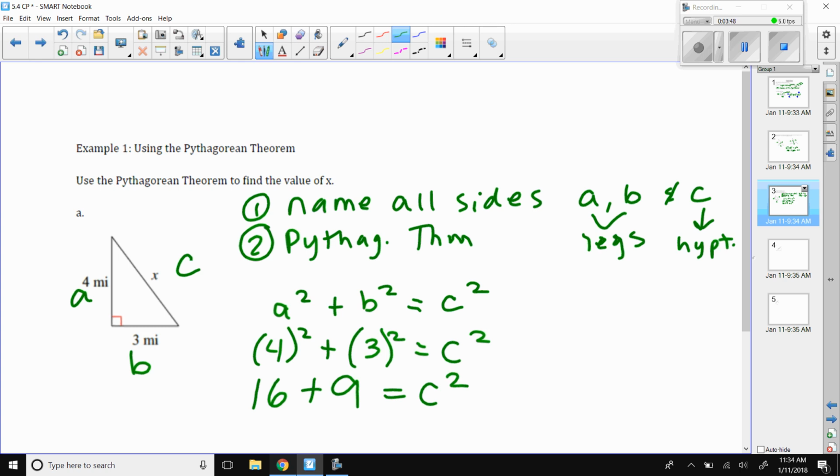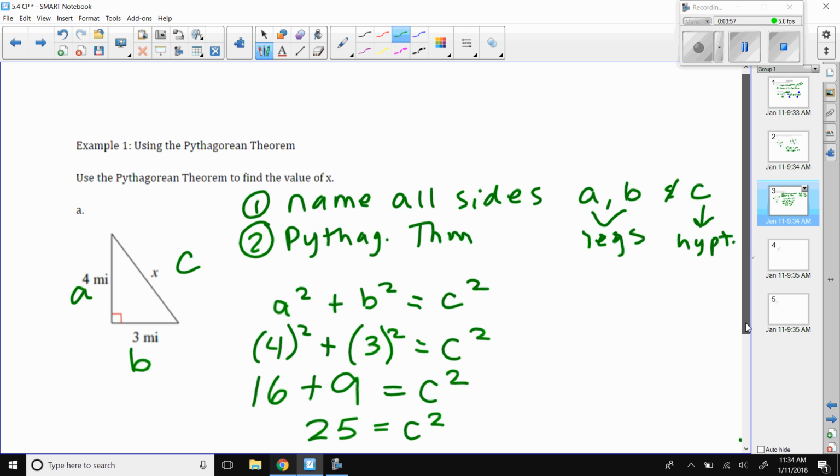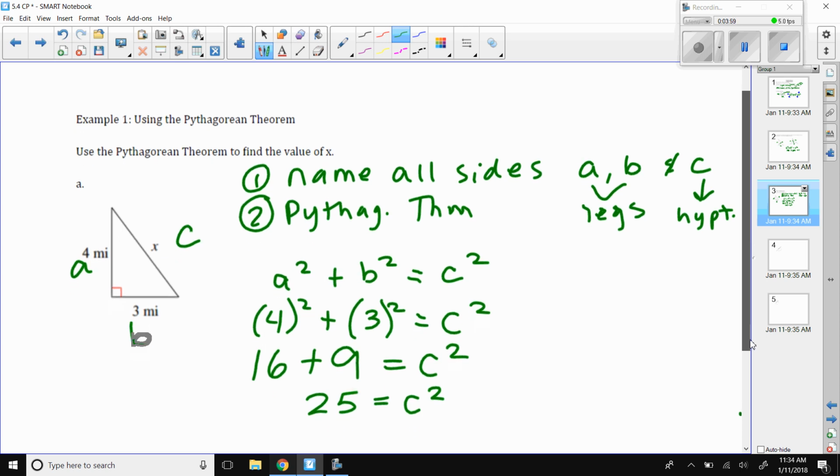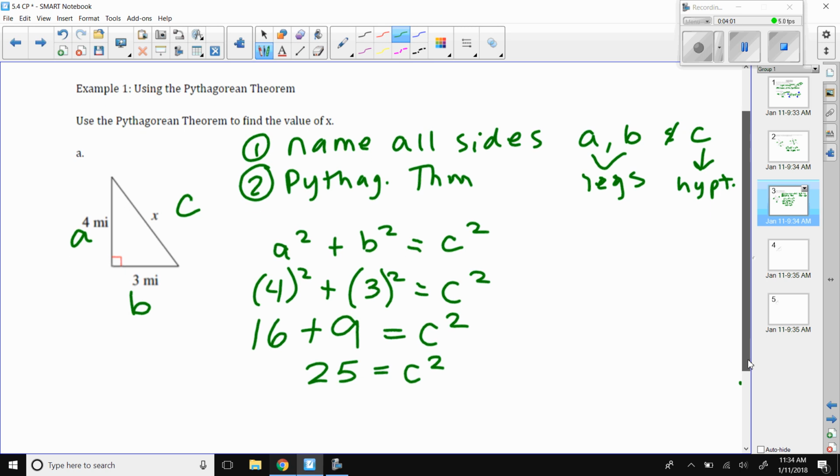And I have 16 plus 9, which is 25, equal to C squared. Now what we must remember here is how to find this. How do we get C squared? We want to think about what number times itself equals 25.